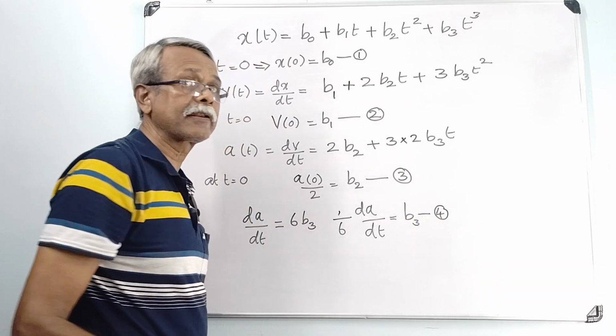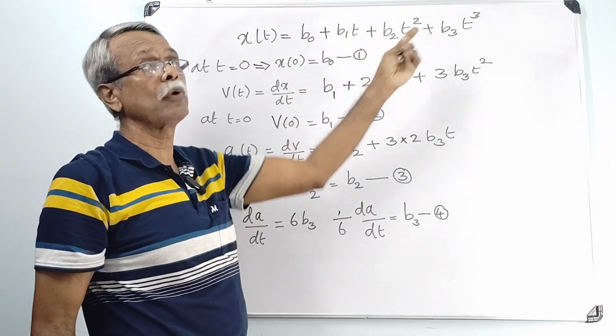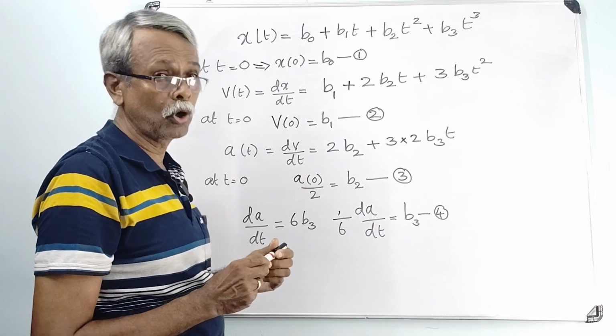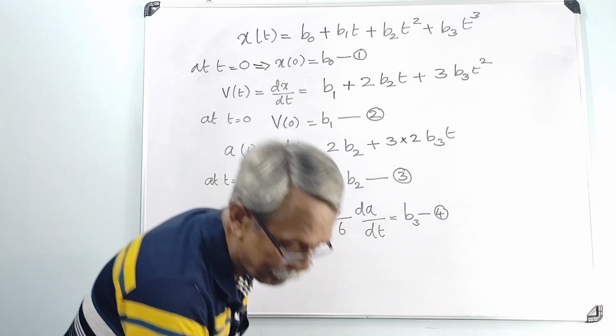Thus we have extracted all the coefficients b0, b1, b2 and b3, and using that we can write an expression for the displacement as a function of time.